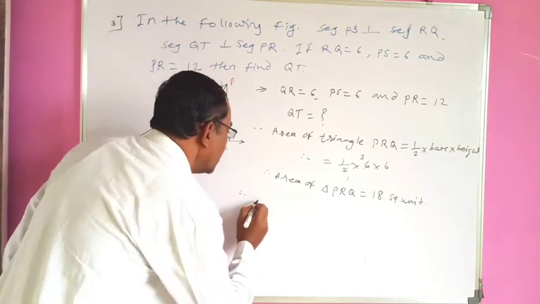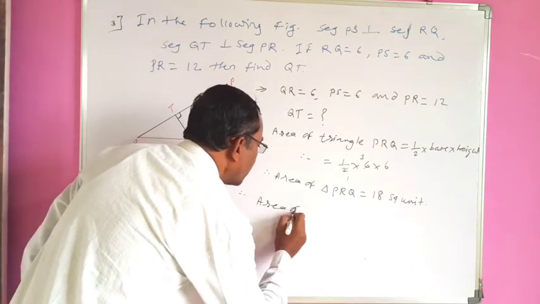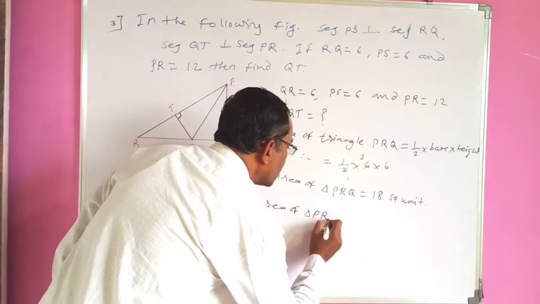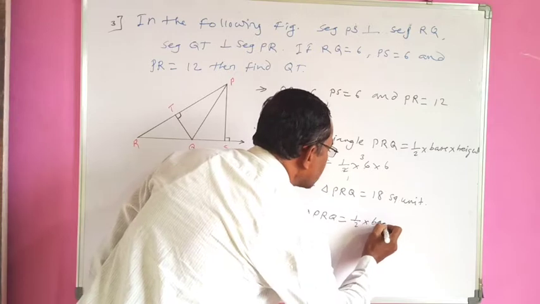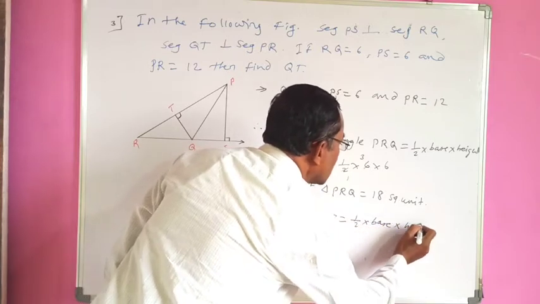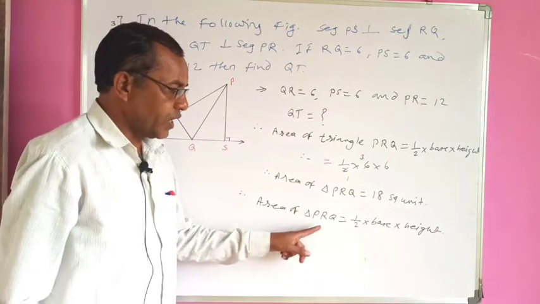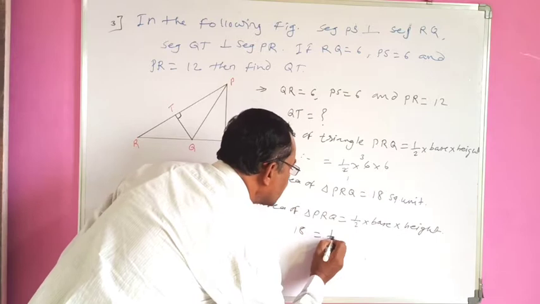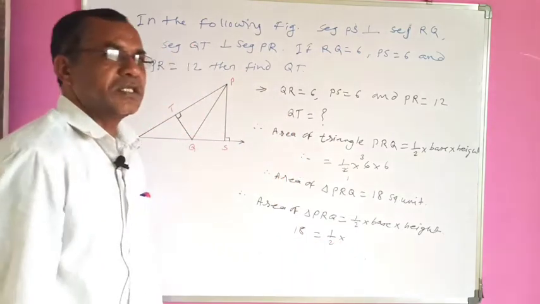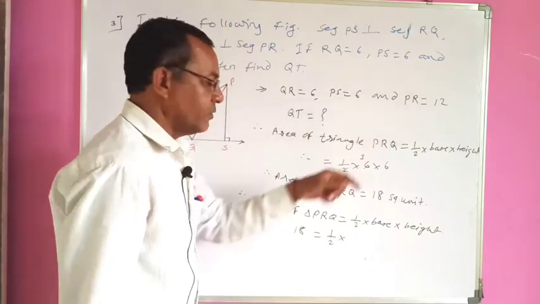I will write area of triangle PRQ is equal to 1/2 into base into height. Okay, now we have found the area of the triangle. Therefore, area of triangle 18 is equal to 1/2 into, what is the base? Base is PR and the value of PR is given to you.